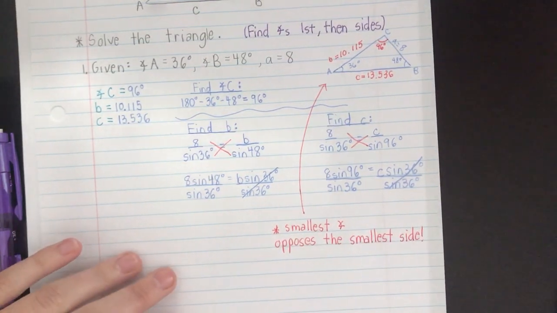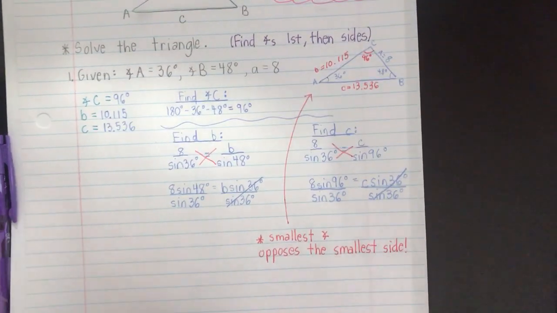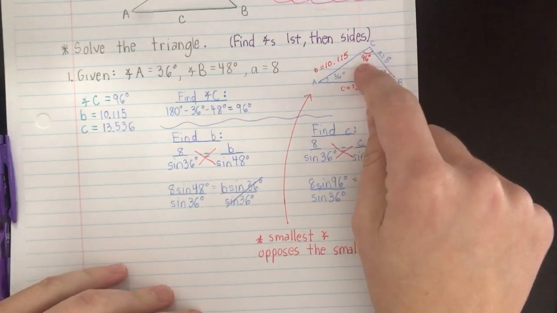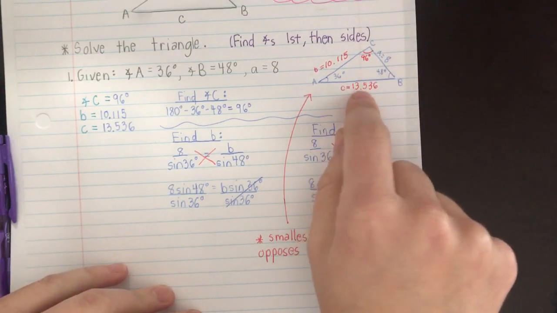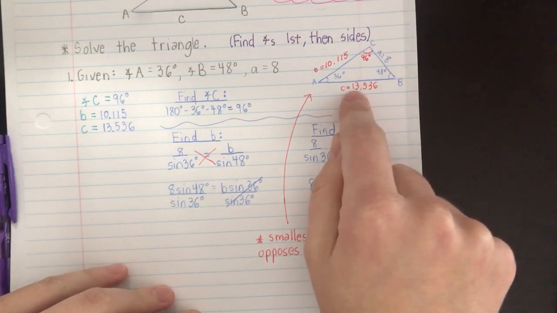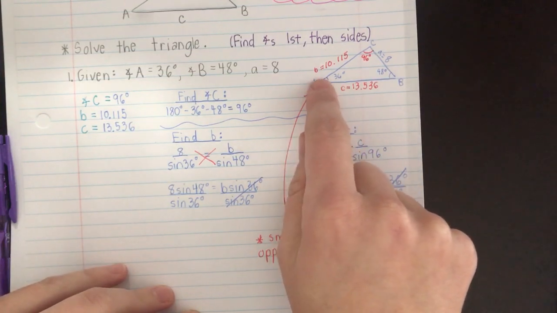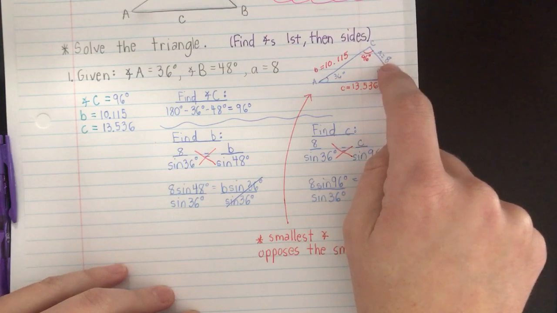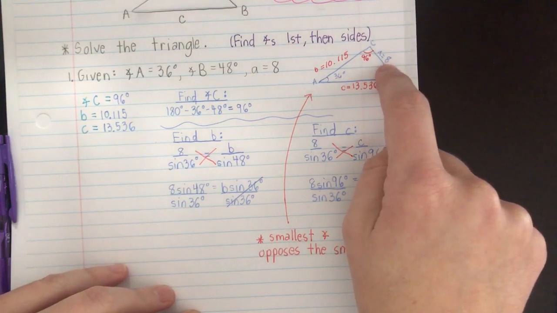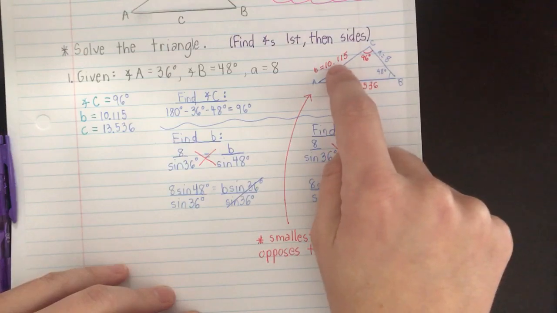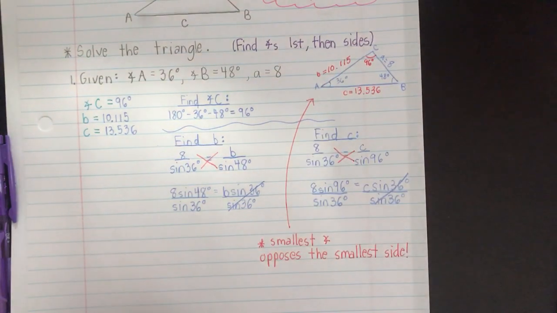And likewise, the largest angle opposes the largest side. So, don't you agree that 96 degrees is the largest angle and it opposes the largest side? Okay, and then similarly, the smallest angle is 36 degrees and it opposes the smallest side. And then the middle angle opposes the middle side. So that should always work out, and if it doesn't, then you know something's gone wrong.